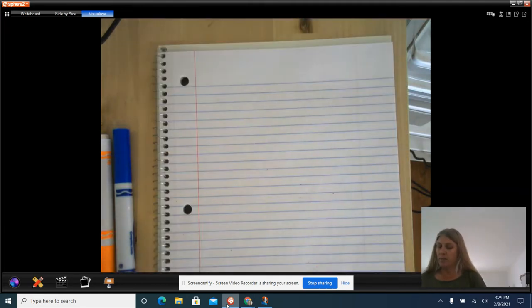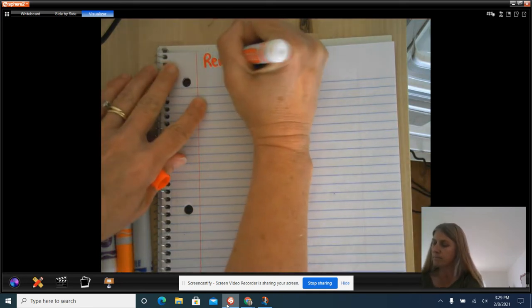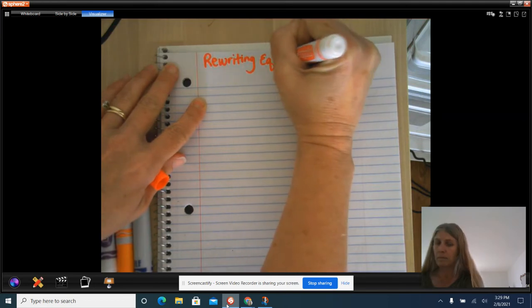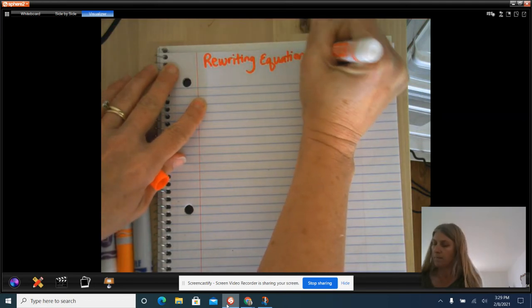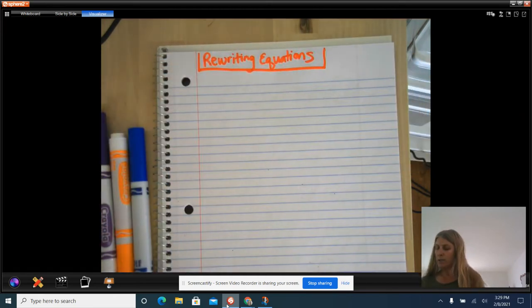So we are going to be rewriting equations. Okay, and like I said, we're going to do two different ways to do this, two different types.